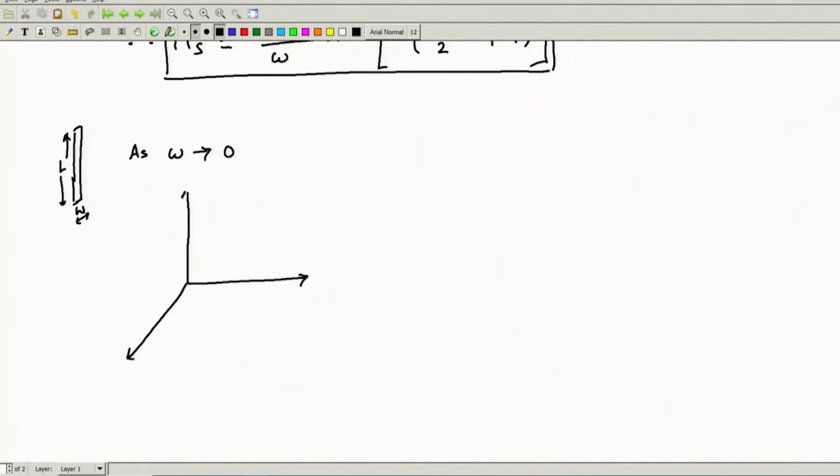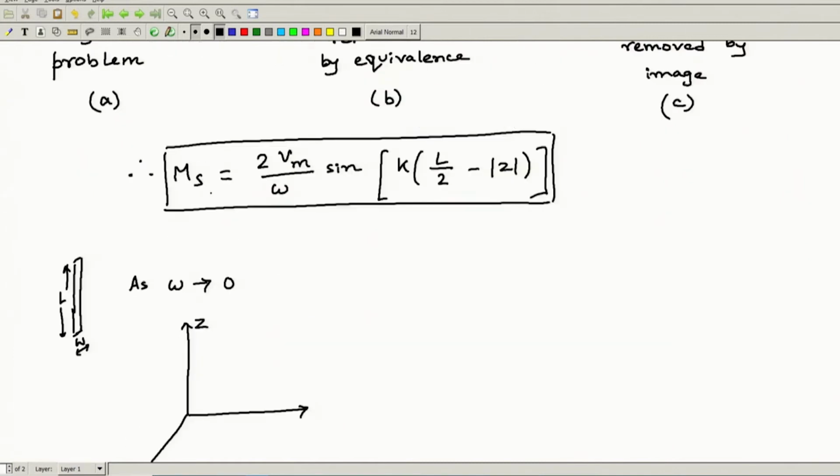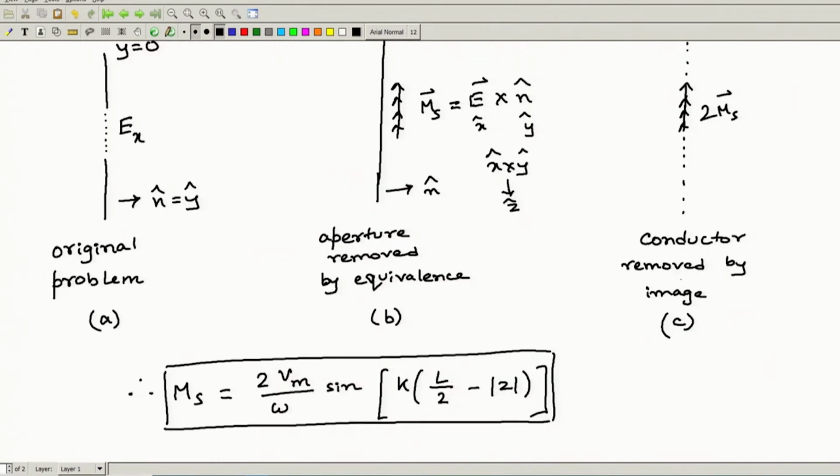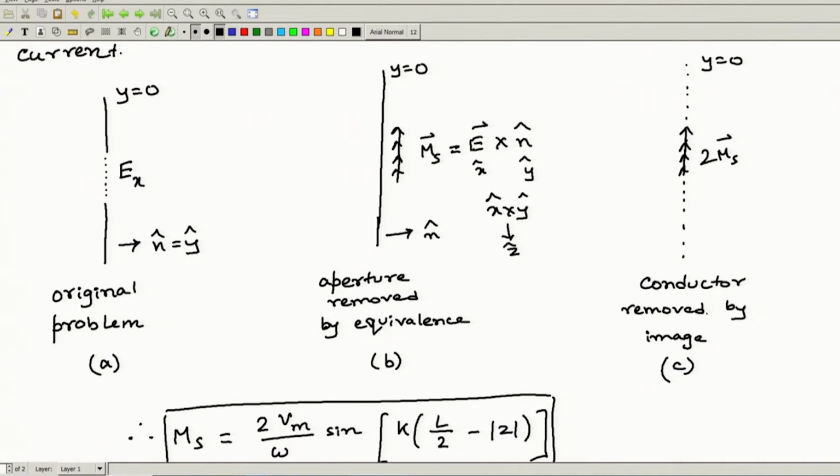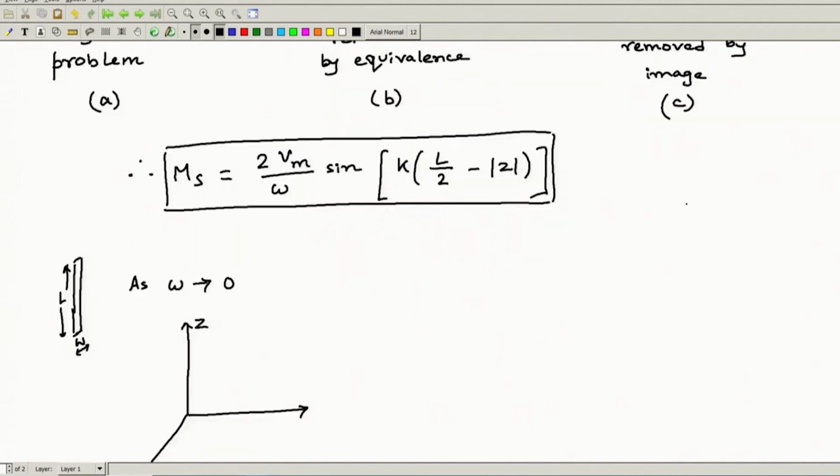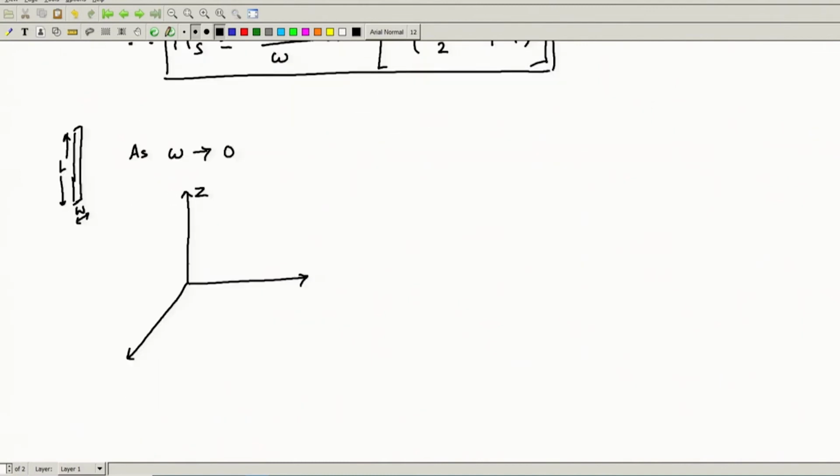When we change the original problem to this state, when the conductor is removed by the image theory, we have 2 Ms. So this state we can draw like this. Basically we were having this as Z, this is Y, this is X, and this was 2 Ms.